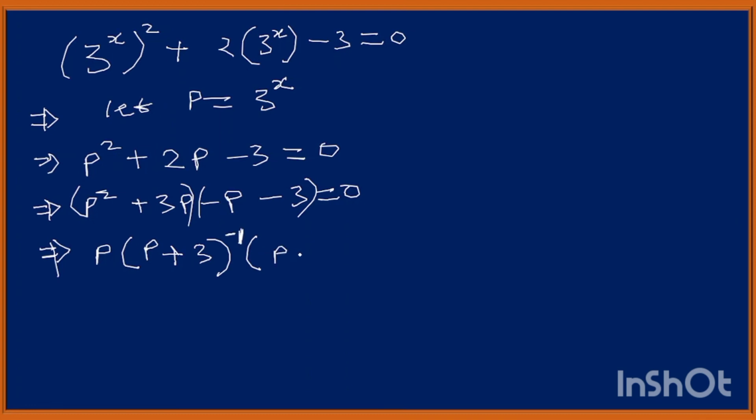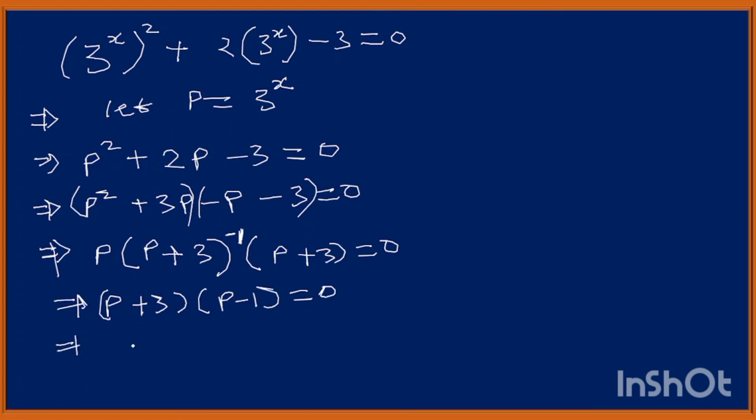So we have p plus 3, which is equal to 0. So we are going to have p plus 3, p minus 1 is equal to 0. Equate each of them. If I equate this to 0, I'm going to have p is equal to minus 3. If I equate this to 0, I'm going to have p is equal to 1.